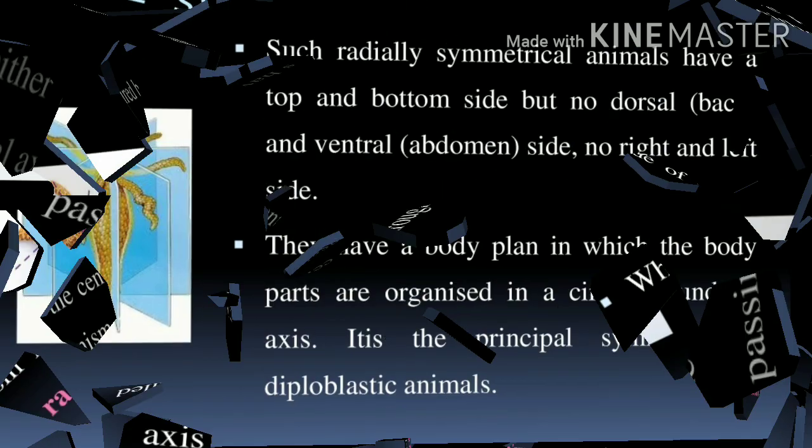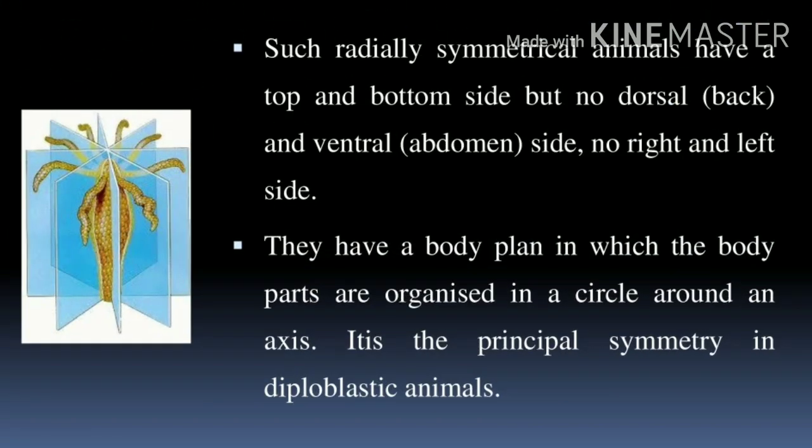Can you understand? The radial symmetrical animals have a top and bottom side but no dorsal and ventral. What is dorsal? Dorsal means back. Ventral means the abdomen side. There is no right and left side. If we cut radially symmetrical animals, they have only a top and bottom side, but there is no dorsal or ventral side, and no right side or left side.